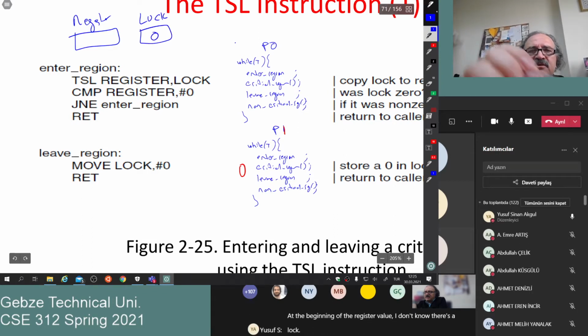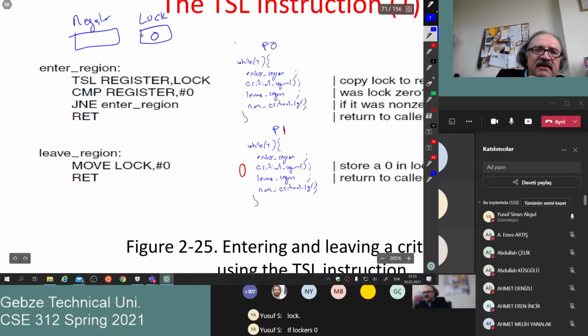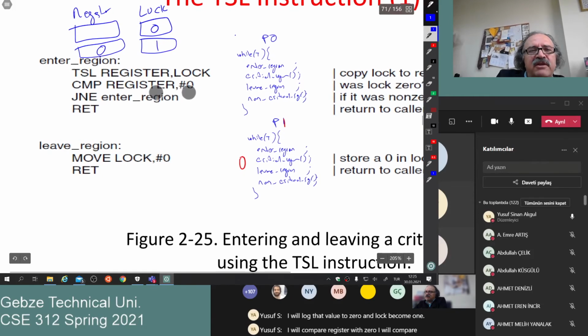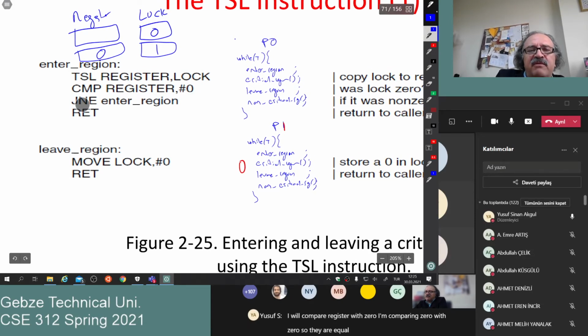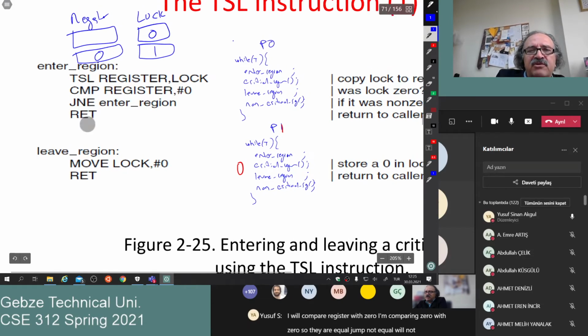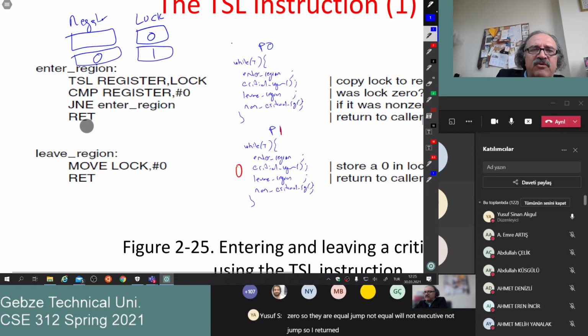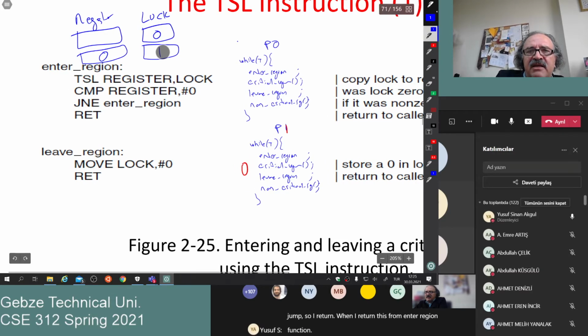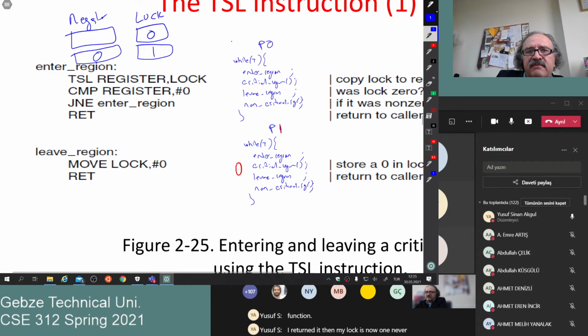If lock is 0, then I will load that value to register and lock becomes 1. I compare register with 0. I am comparing 0 with 0, so they are equal. Jump not equal will not execute, will not jump, so I return. When I return from the enter region function, my lock is now 1 in memory.